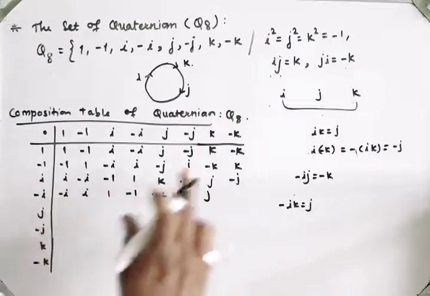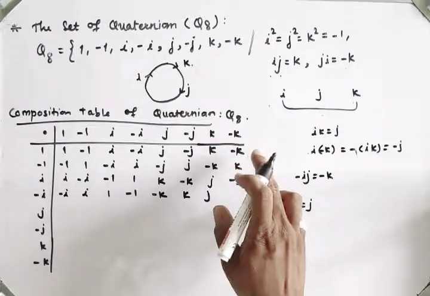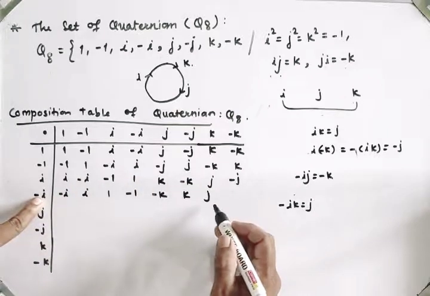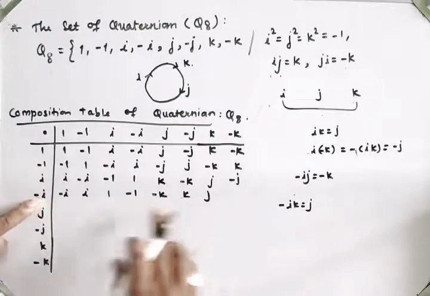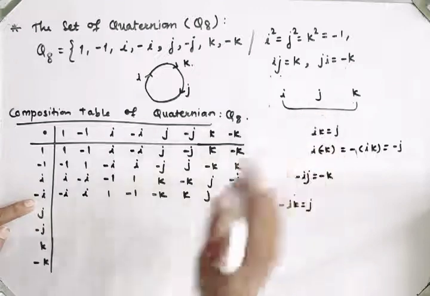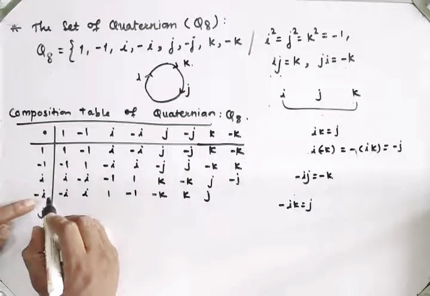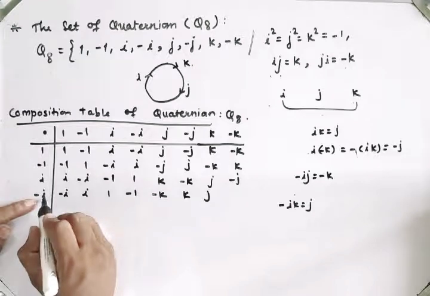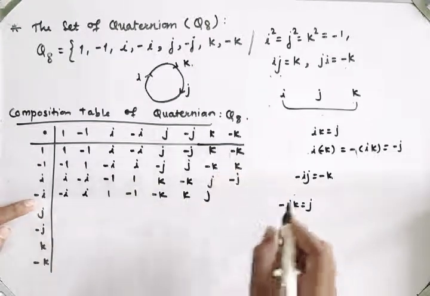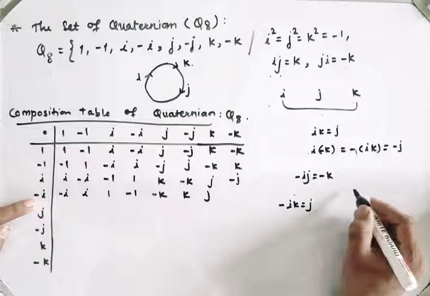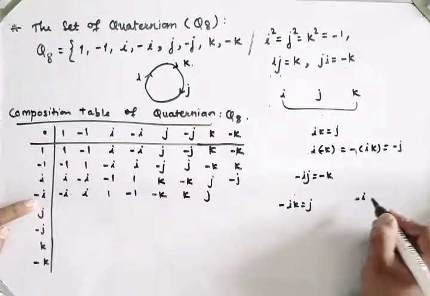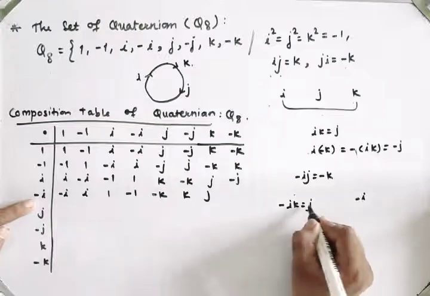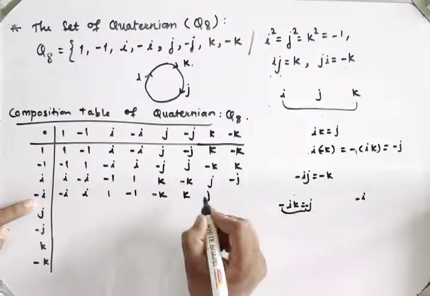Next minus i into k, I get minus j. Here the sign is minus as it is, so minus j.